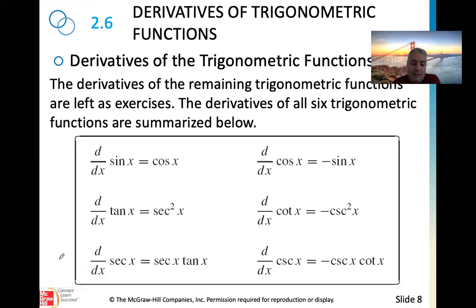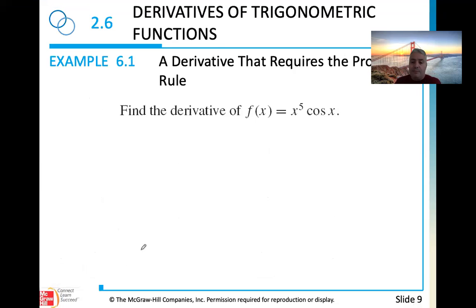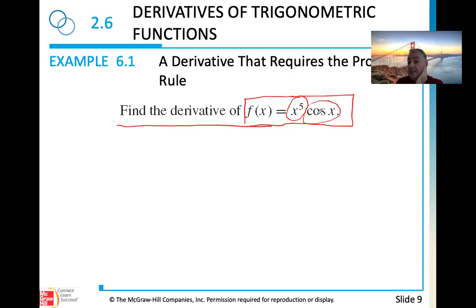Okay, let's go now to the other slide. The question is this: find the derivative of f of x. Yes, this is a reasonable question. It's a simple question. It could be asked everywhere. So the solution is simple. Since we have two different functions, x to the power of 5 is one function, and cosine of x is another function.